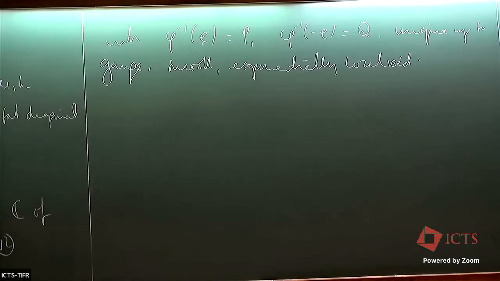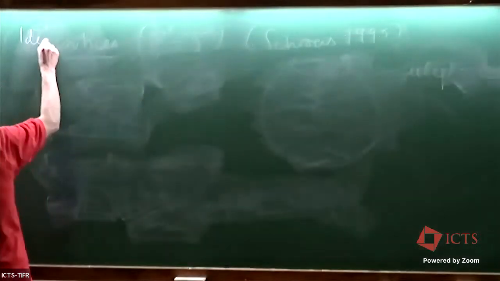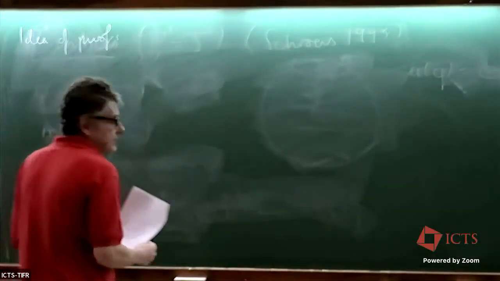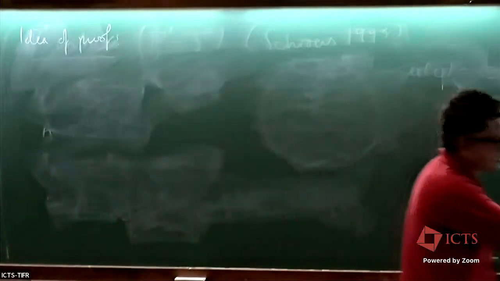So the idea of the proof is, well, you really just follow the same strategy as Taubes did. So we trade in this pair of coupled first order PDEs for a single second order elliptic PDE for a single quantity, a single function H.